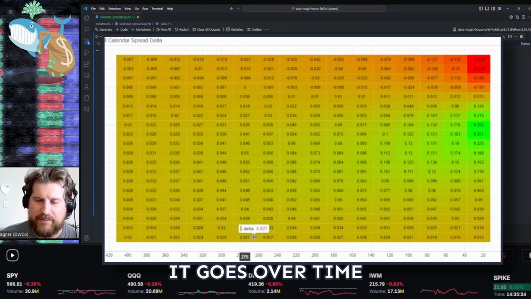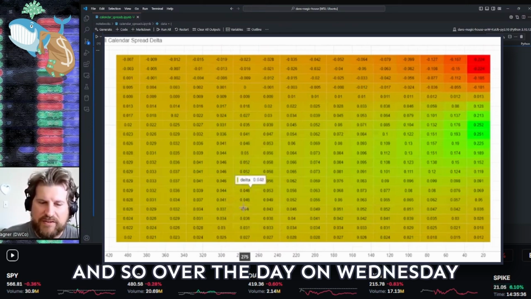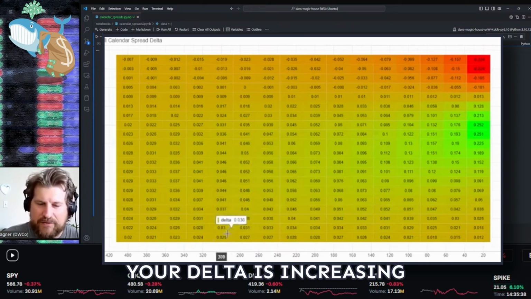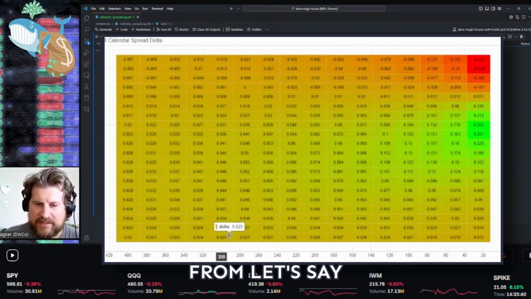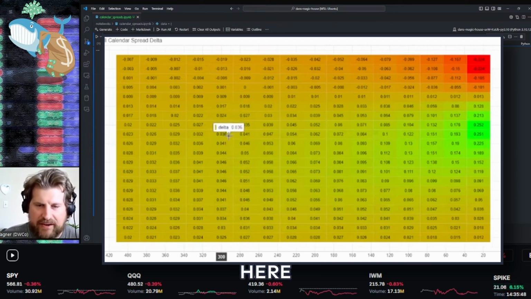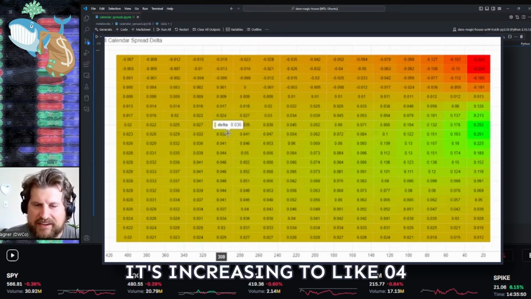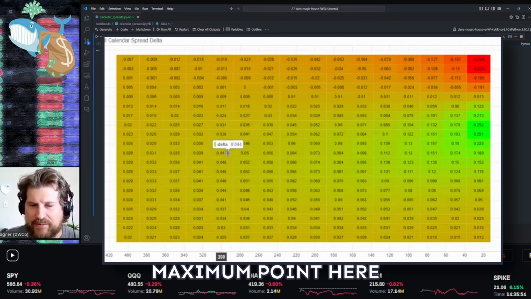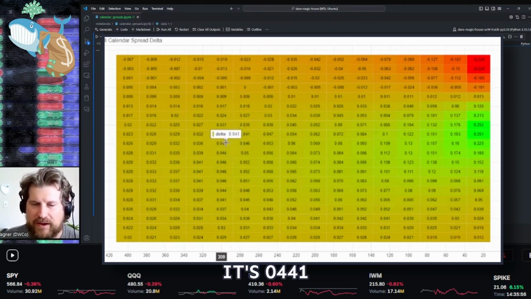It goes over time. And so over the day on Wednesday, your delta is increasing from, let's say, 0.025 to, okay, it's increasing to like 0.4. At the maximum point here, it's 0.44, 0.41, right?